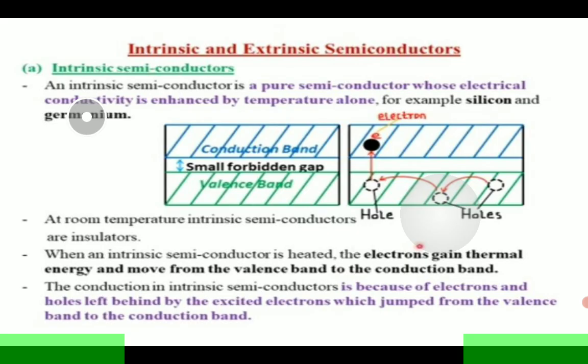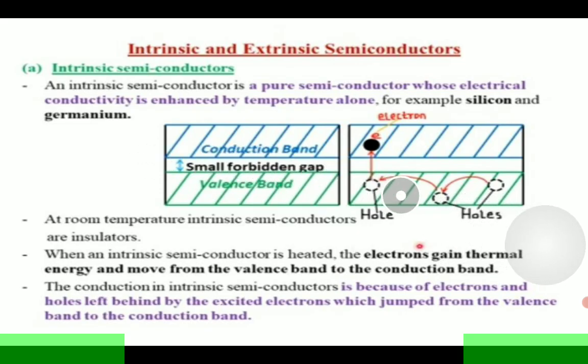When temperature is raised, the electrons gain kinetic energy, enabling them to jump from the valence band to the conduction band. So if the electrical conductivity of semiconductors can be improved by temperature alone, then such semiconductors are called intrinsic semiconductors. And their nature is that they are pure elements, pure silicon and pure germanium.